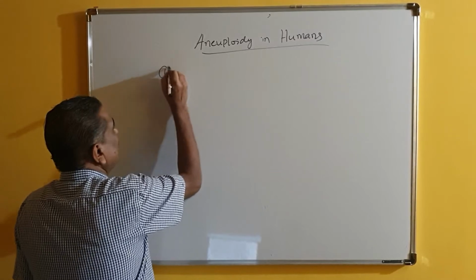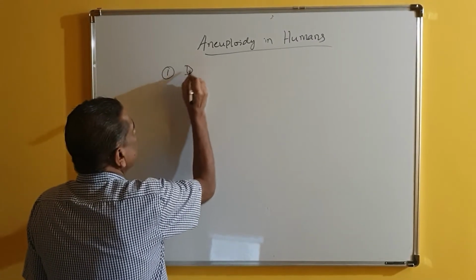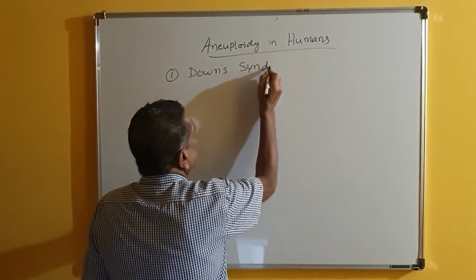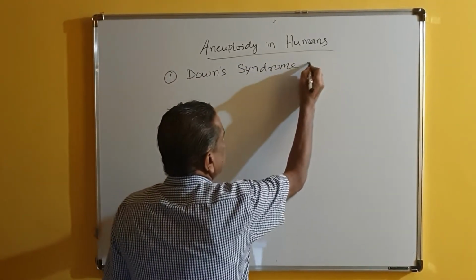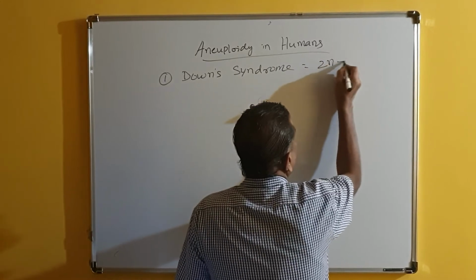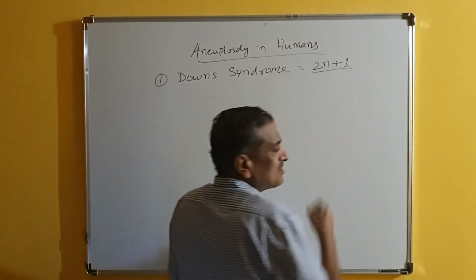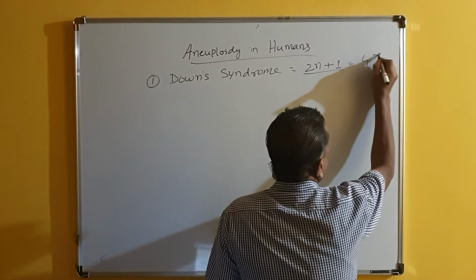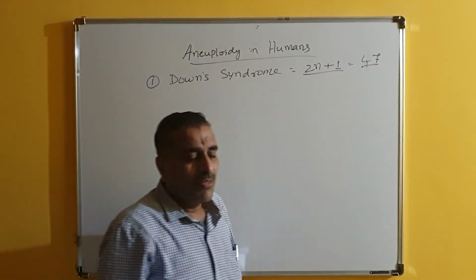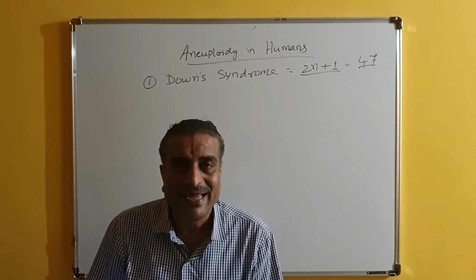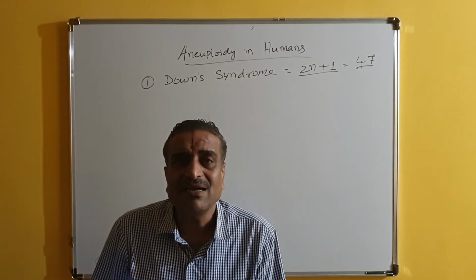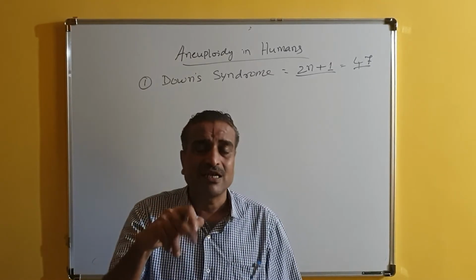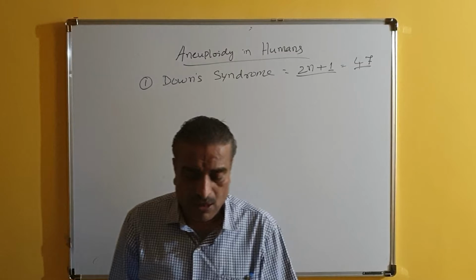First, Down's syndrome. In Down syndrome we write 2n plus 1, which is equal to 47 chromosomes. The human being containing one chromosome extra, not the entire set, 2n plus 1, is called Down syndrome.